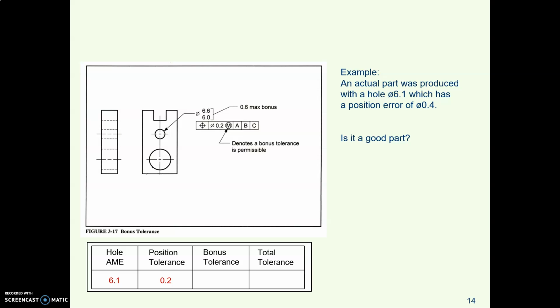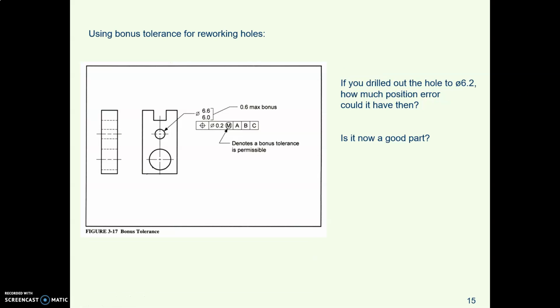The tolerance zone is a diameter of 0.2, but because we have departed from the smallest MMC size by 0.1, we can add a bonus tolerance of 0.1 to our original tolerance, so we get a total tolerance of 0.3. Is this a good part? No, it's not, because with our bonus, we get a tolerance of 0.3, but this thing is out of whack by 0.4. So no, it won't work.